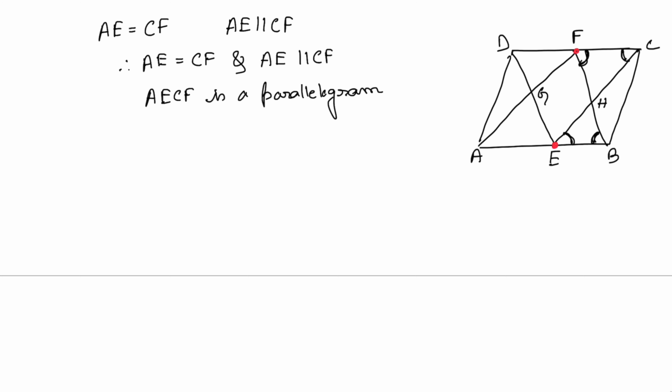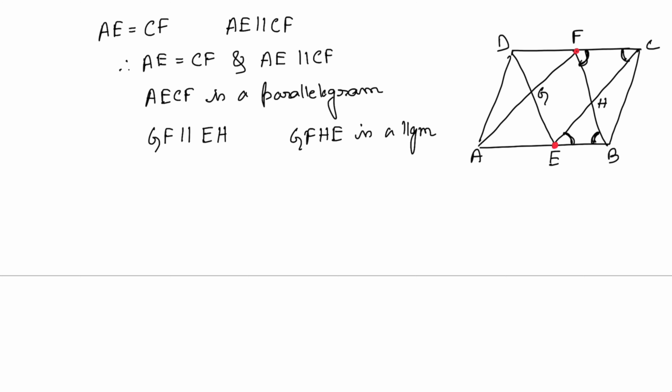Now G and H are points on AF and CE respectively. That means definitely you can write down here GF is parallel to EH. Similarly, you can write down here GFHE is a parallelogram. Clear?